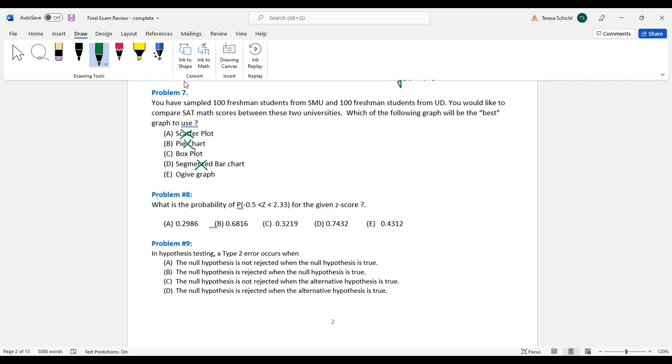Also, a histogram or a dot plot, if you just want to look at its own distribution, percentages, you can use that. But if you want to compare, we know the box plot probably is the best one here, because then you can have a box plot like here, right? So you can have this one be one university's SAT, and this one be another university's SAT.